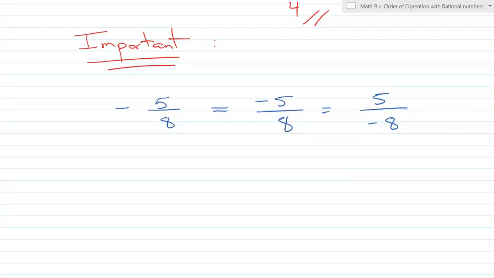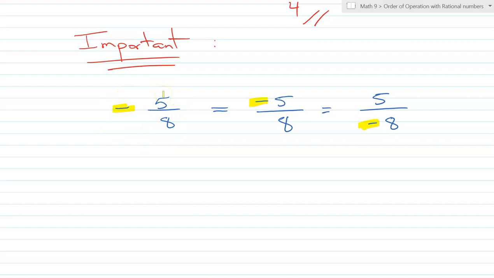Okay, important note. Make sure you're paying attention right now about this, in case you have forgotten. I have written 3 fractions, and I have basically changed where the negative signs are showing up here, okay? And all of these fractions are equal to each other. So you could have negative in front of the fraction, 5/8. That's a negative fraction.